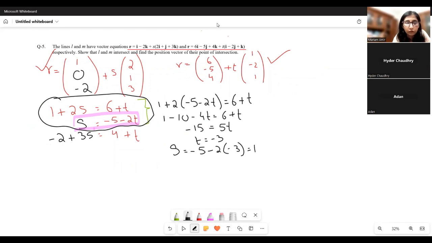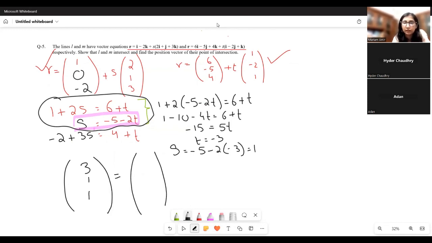Okay, so for the first one we have 1 plus 2s. What did s come out as? 1 only? Yes. Okay, so we have 3. Then 0 plus s is going to be 1 again. And then -2 plus 3s is going to be 1 again. So 3, 1, 1 on the left hand side.